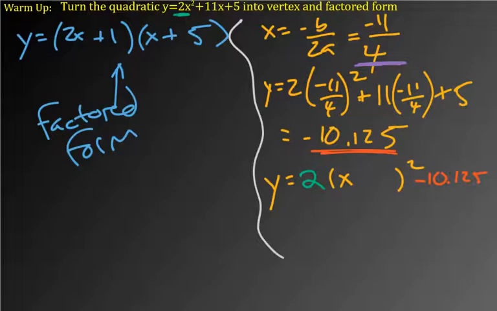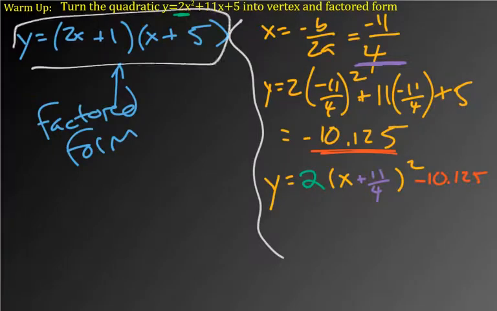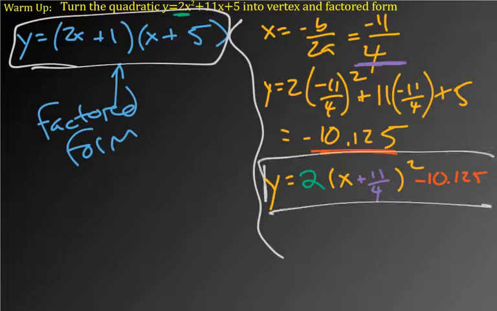And the weird thing with those is you always have to put it in with the opposite sign. So it's positive 11 over 4 right there. And I guarantee you if you use some sort of graphing program, if you plug this in or the original one up here, all of those would give you the exact same graph, the exact same quadratic.